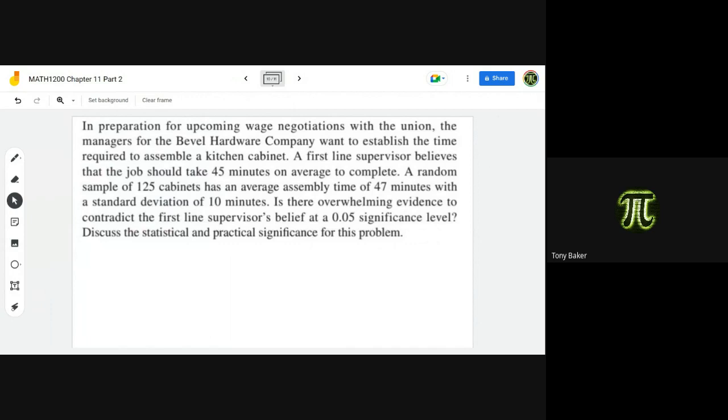Pretty much any auto shop you go to, or most manufacturing shops, have a specific amount of time a job should take. If you get your brakes done and it should take 2 hours, you're charged for 2 hours. If they get it done in 45 minutes, you still get charged for 2 hours. That's how they set their pricing.